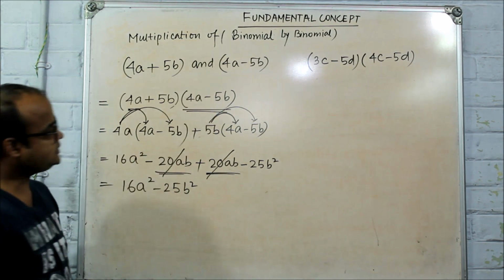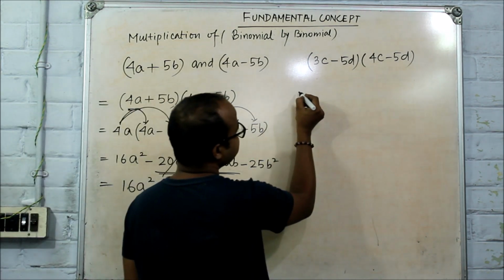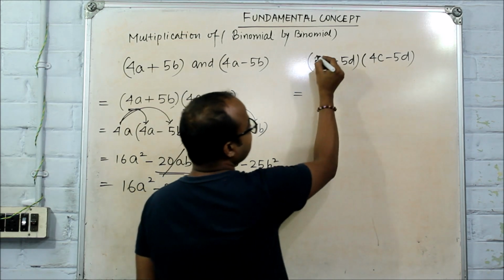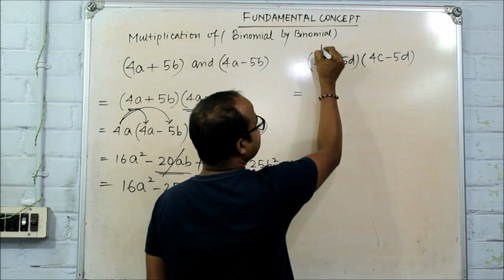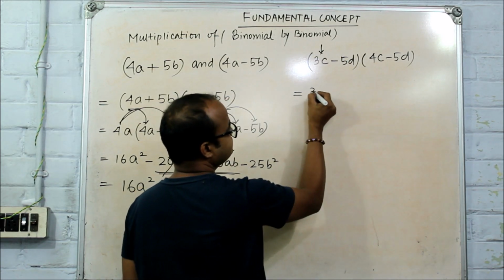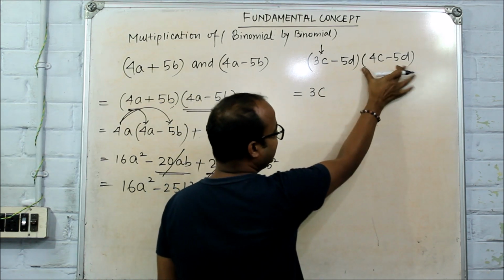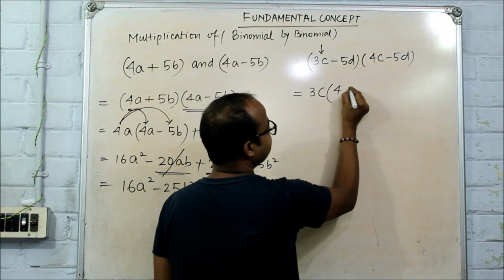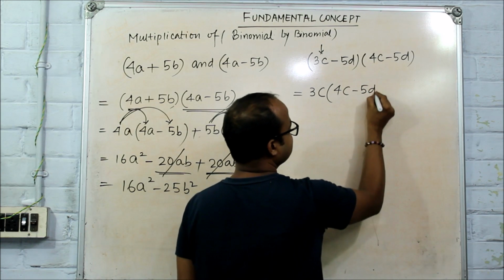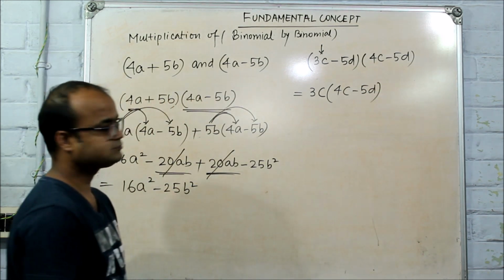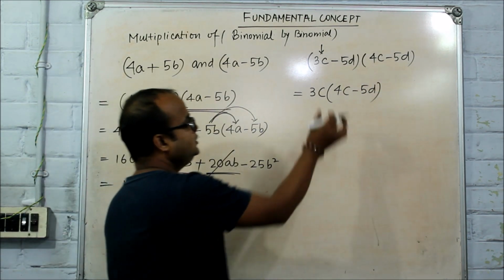In the same way, let us complete this sum. First, we will take the 3c, need to multiply with 4c minus 5d. Clear?